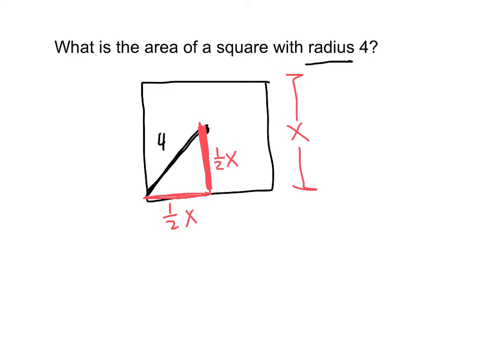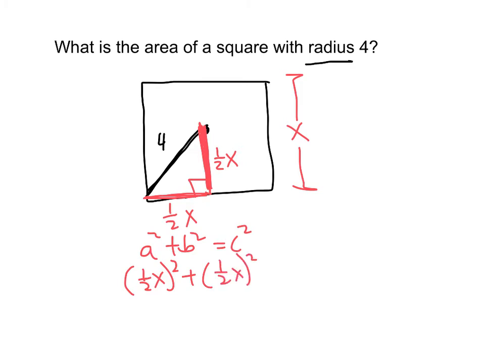Now we're able to use the Pythagorean theorem to find x. If we have a squared plus b squared equals c squared, then half of x squared plus half of x squared is equal to the hypotenuse, which is 4. So that's 4 squared.